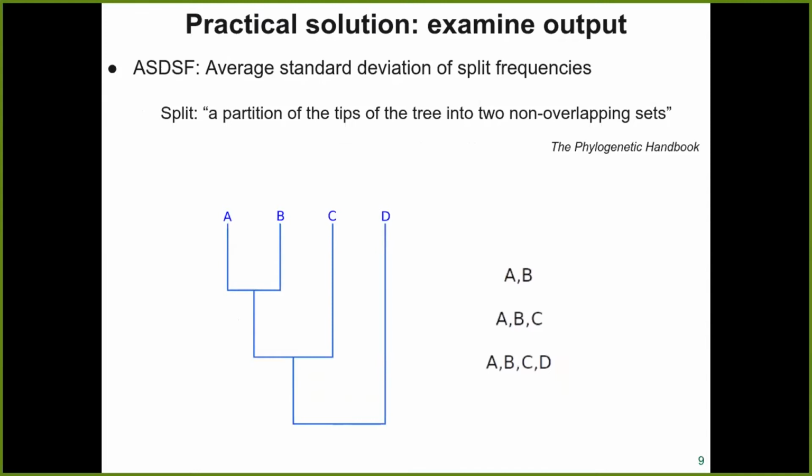And the average standard deviation of split frequencies is specific for phylogenetics. A split can be defined as a partition of the tips of the tree into two non-overlapping sets. So for example, for this blue tree, we have the splits AB, ABC, and the full tree, ABCD. So we calculate the average standard deviation and we set up a threshold for that value.